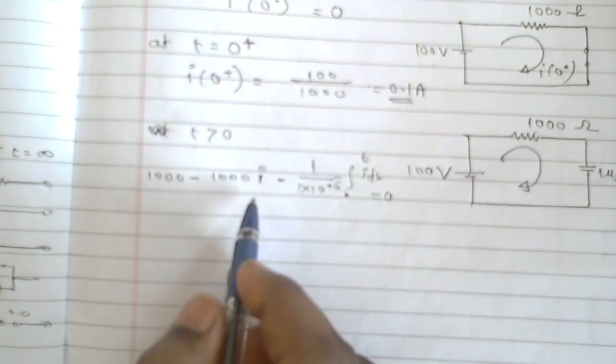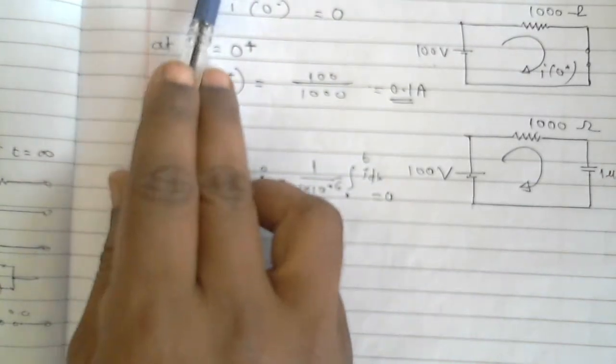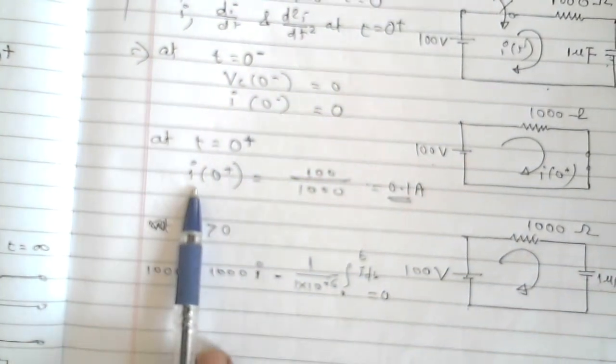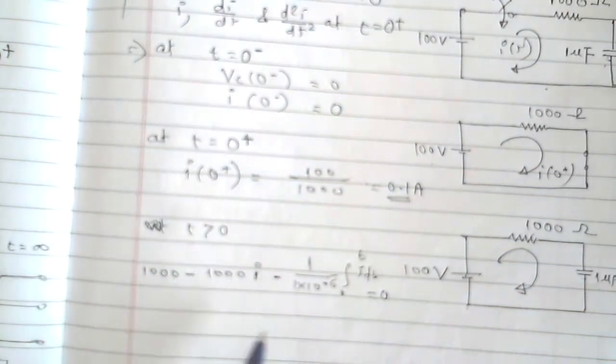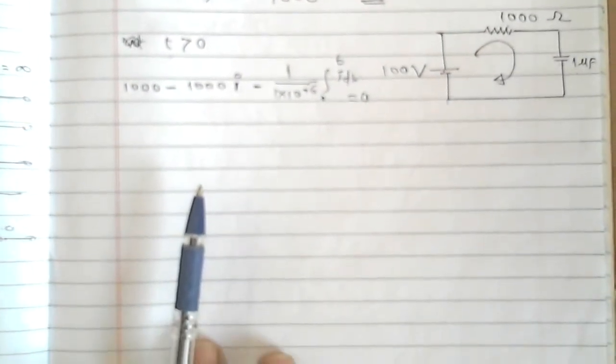Now let's differentiate this equation. Why differentiate? Because what was asked: i, di by dt, d square i by dt square. I already have i at 0 plus. Now we need to find di by dt, so for that we need to differentiate this equation so that we get di by dt in the circuit.